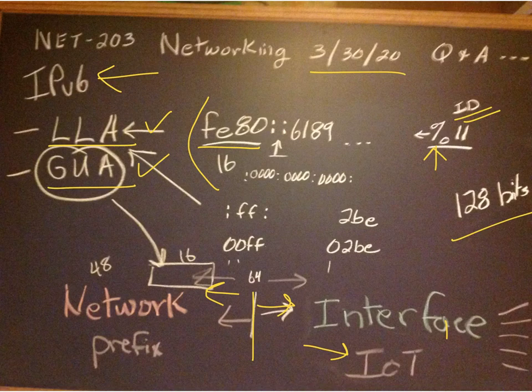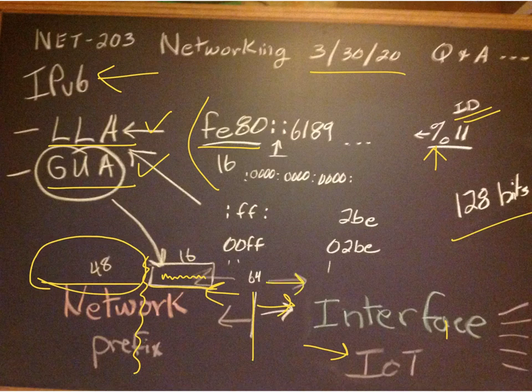A lot of times the network will be split: 48 bits supplied by the ISP, and then a big company can take that and subnet it with 16 bits, and then they have these 64 bits for the interface for each individual device. So you can just imagine we're not going to be running out of addresses.